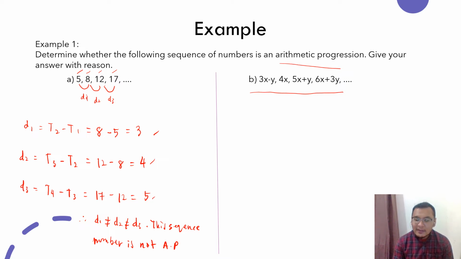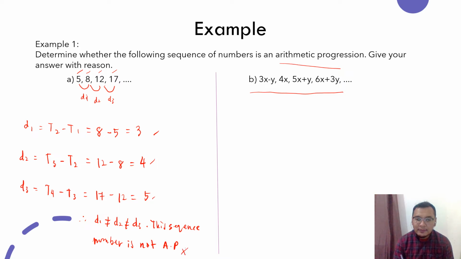Why is it not an arithmetic progression? Because for an arithmetic progression, we need the differences D1, D2, and D3 to be the same. If D1 is 3, D2 also 3, and D3 also 3, something like that. So the first sequence number is not an arithmetic progression.